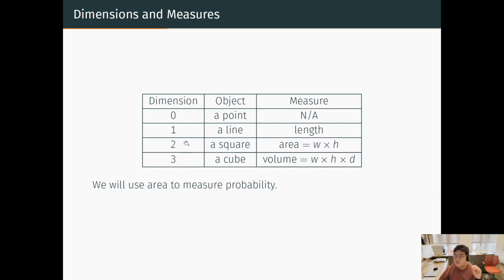But if you reduce it to 2 dimensions, it's literally a 2-dimensional plane space, and you can think about a square with a width and height. There is no depth, right? And then its measure is area, how big the square is. In 2-dimensional space, just area stands for the measure of how big the object is.